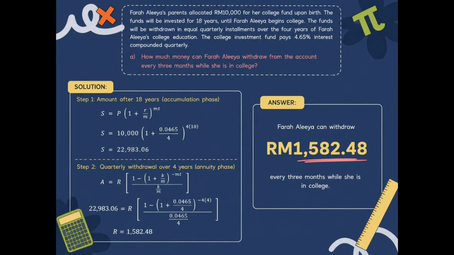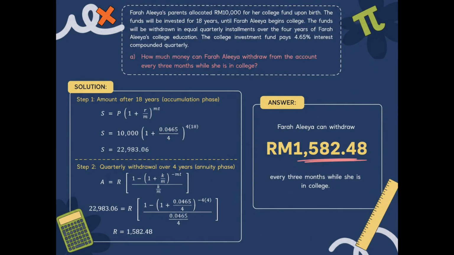So after calculating, we obtain S equal to 22,983 ringgit 6 cents. This means that the original investment of 10,000 ringgit grows to 22,983 ringgit and 6 cents after 18 years.